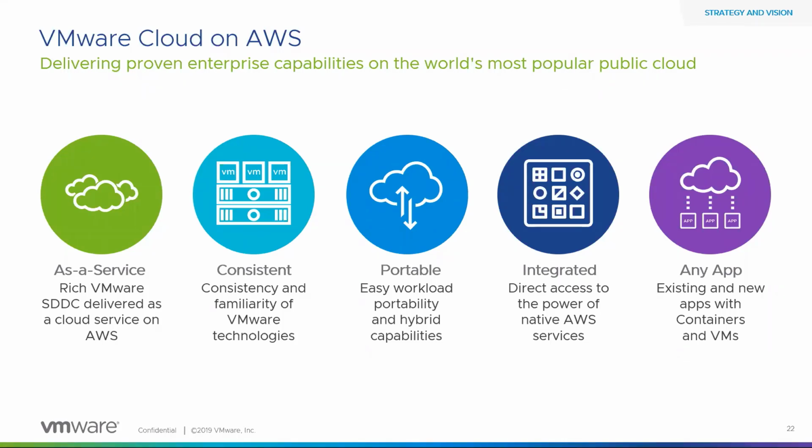Primarily NSX, NSX-T is in that stack. It provides for easy movement of workloads from one to the other. You can do a vMotion migration from your on-premise into VMC on AWS. No conversion required.